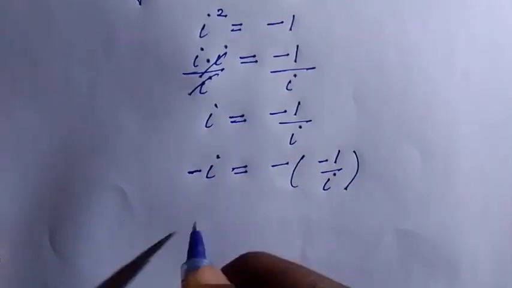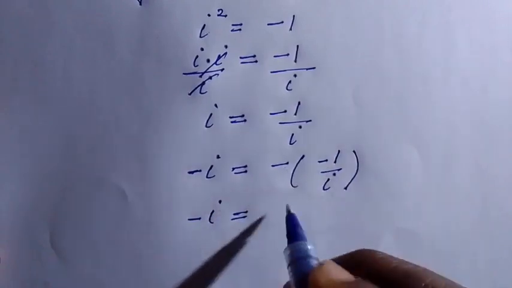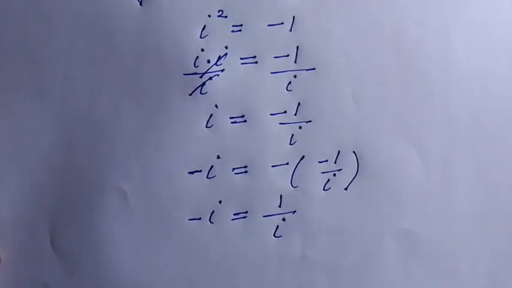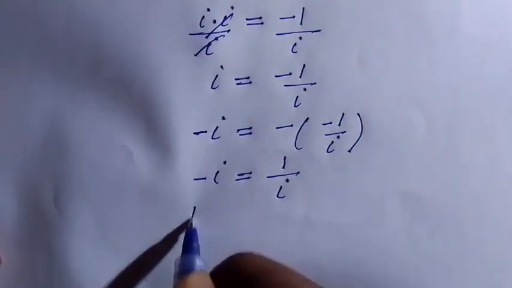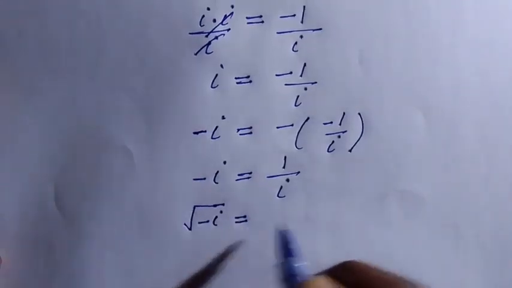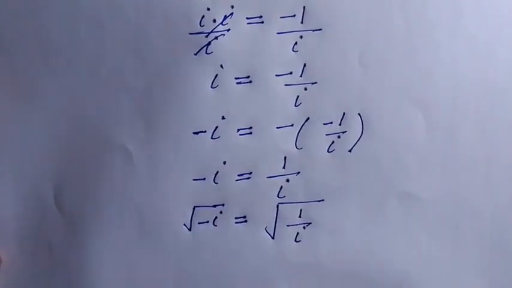Then minus i equals minus multiplied by minus, we get 1 divided by i. Then we take the square root of both sides, as we have the square root of minus i equals the square root of 1 divided by i.